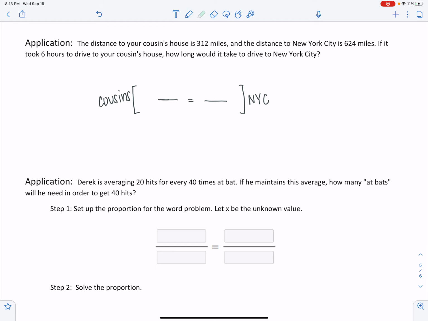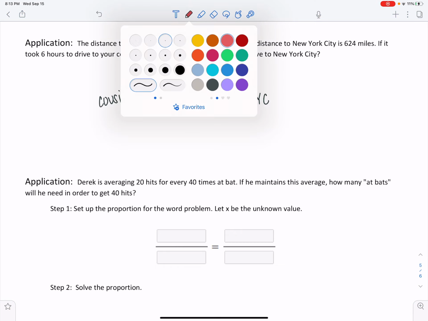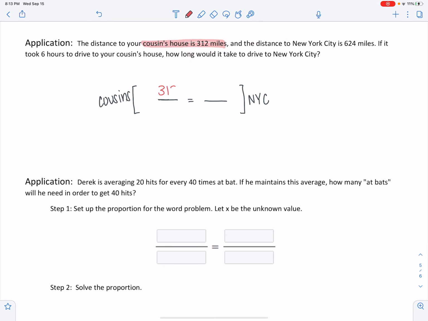And so anywhere that I see cousins, I'm going to associate that with this pink highlighter. So the distance to your cousin's house is 312 miles. So that's going to go over here on my cousin's side, 312 miles. And the distance to New York City is 624 miles.